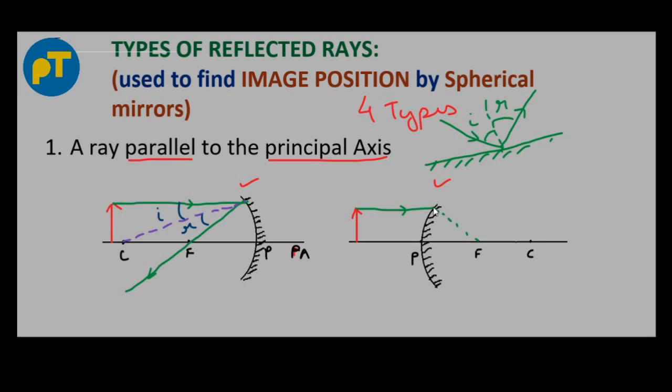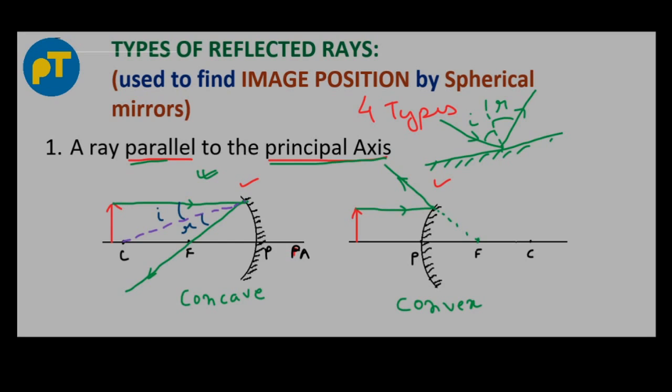It is not actually originating from the focus, but it appears as though it is coming from the focus behind the mirror. So when a ray parallel to the principal axis strikes the mirrors, this is what we get in the concave mirror, and this is what we get in the convex mirror. This is the first type.